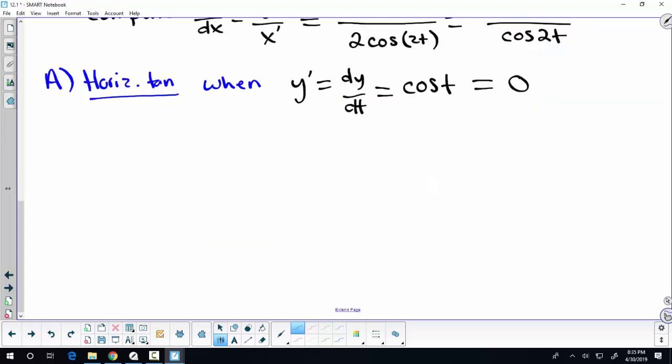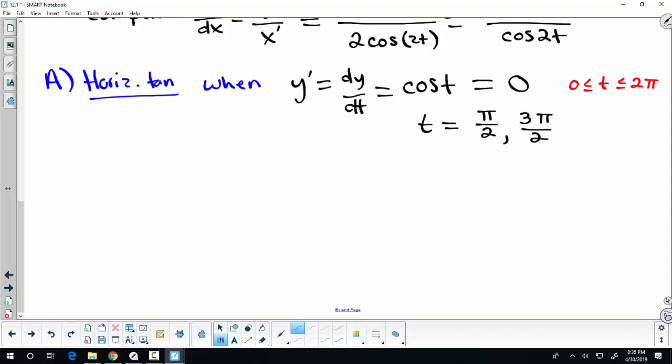It's pretty straightforward there to solve. Here's again a reminder, t is in between 0 and 2 pi. Okay, so when t is pi over 2 and 3 pi over 2, we have a horizontal tangent. Everybody okay with that?